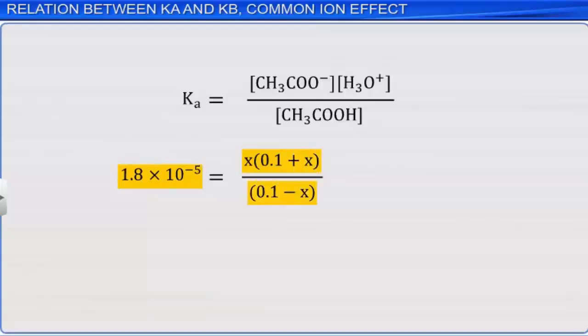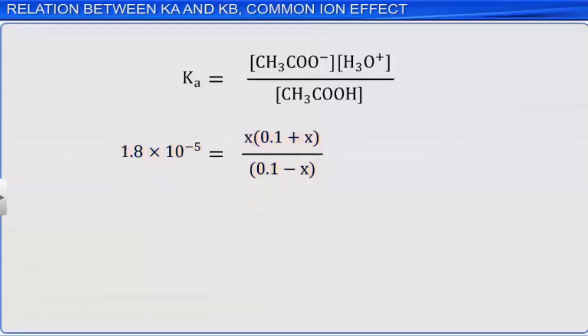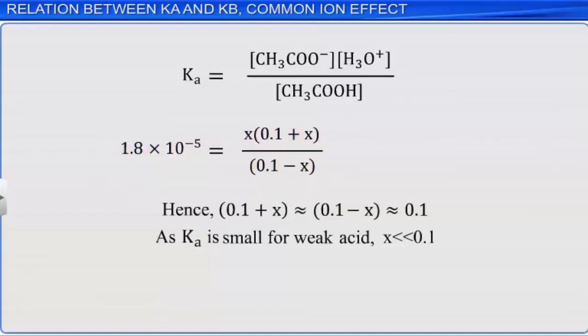As the acid dissociation constant Ka is small for a weak acid, the extent of ionization X can be assumed to be very, very small compared to 0.1 mole. Hence, you can assume that 0.1 plus X is nearly equal to 0.1 minus X, which is nearly equal to 0.1.